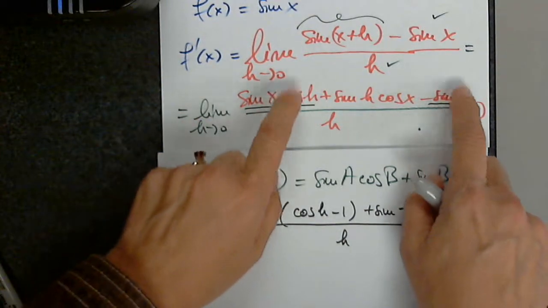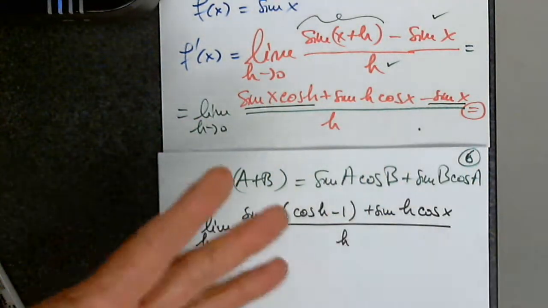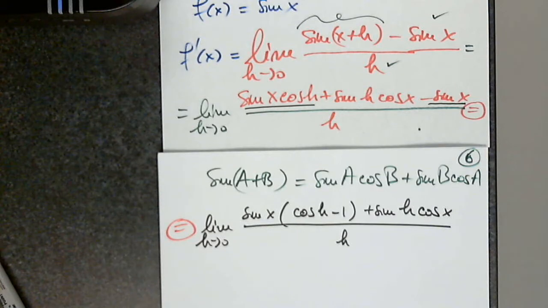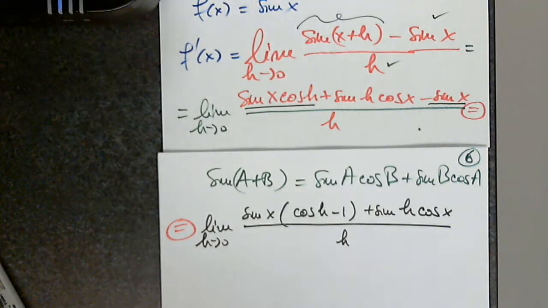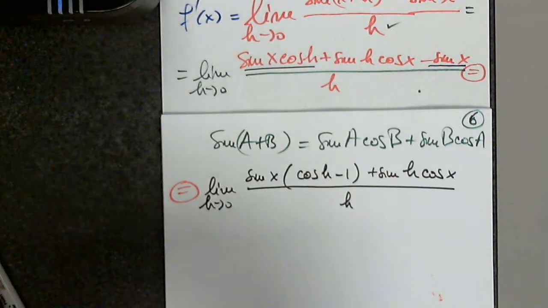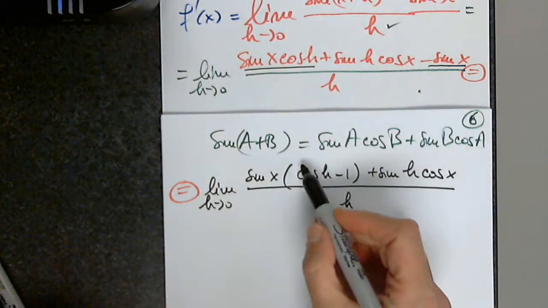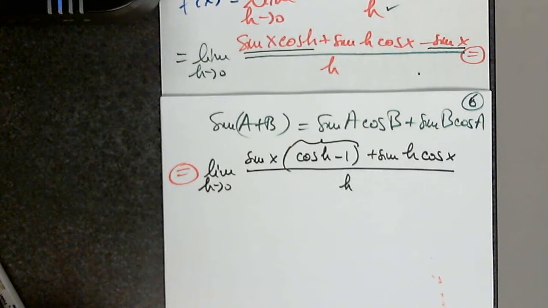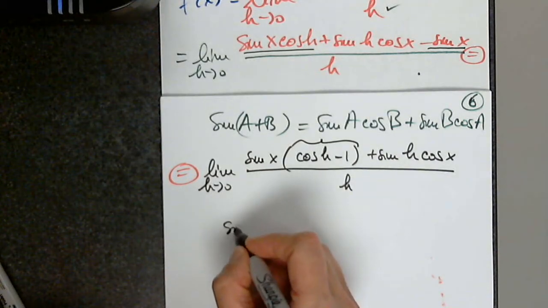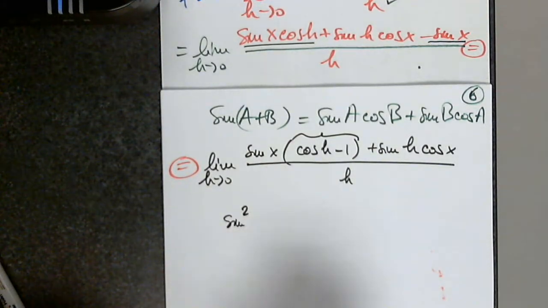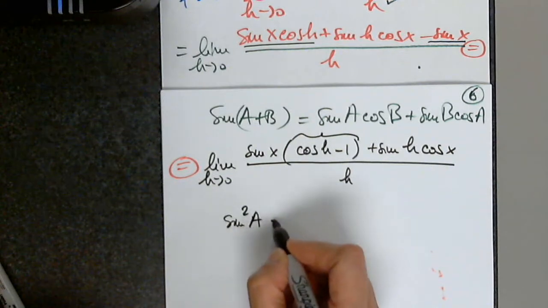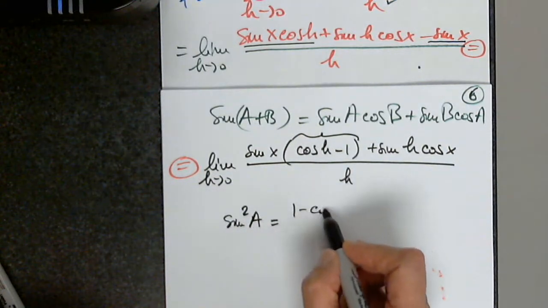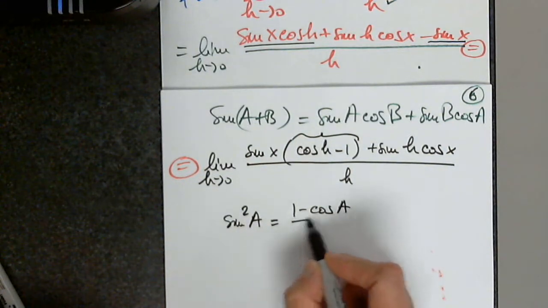So this is my only chance to look at these two terms and say, oh, okay, they have a common factor. Then I have to remember what this equals to, or sort of. And here it is. Sine squared a equals 1 minus cosine a divided by 2.